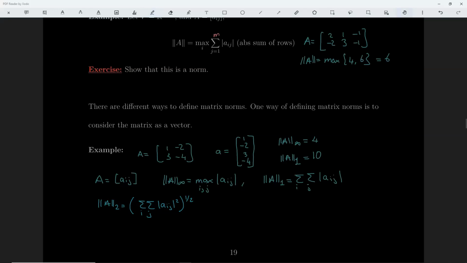There's a more compact way of writing this. Maybe you've seen this before. It can also be written as the trace of A transpose A, all to the power of 1/2.